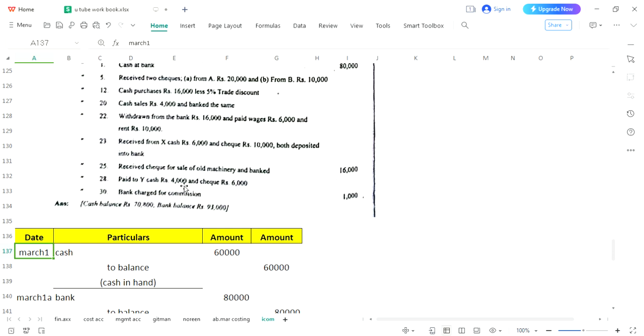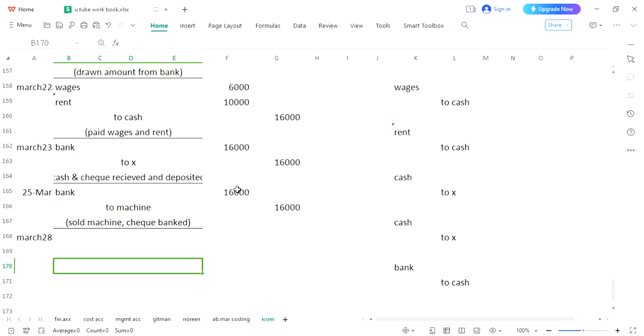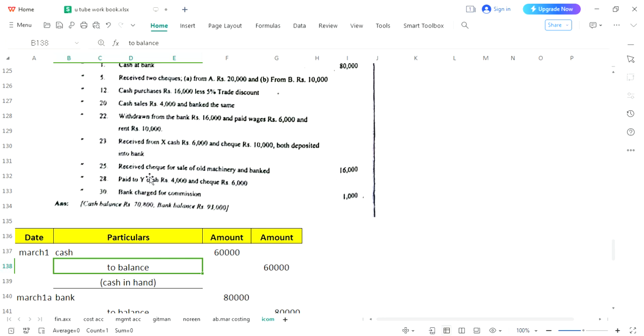Then we have 4,000 and 6,000. Paid by cash 4,000 and check 6,000. So we may divide this entry into two parts. First, we will write only paid cash. And to whom are you paying this cash? Paid to Y.